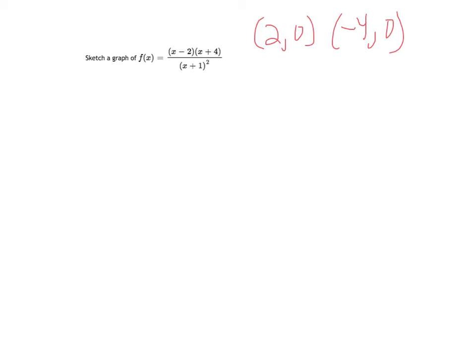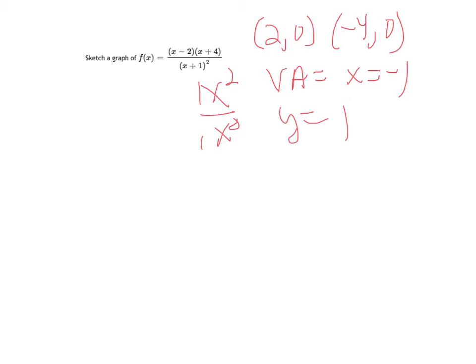I also know there's a vertical asymptote at x equals -1. I also see that this function has the same power, so it's x squared over x squared, and y equals 1 will be the horizontal asymptote.